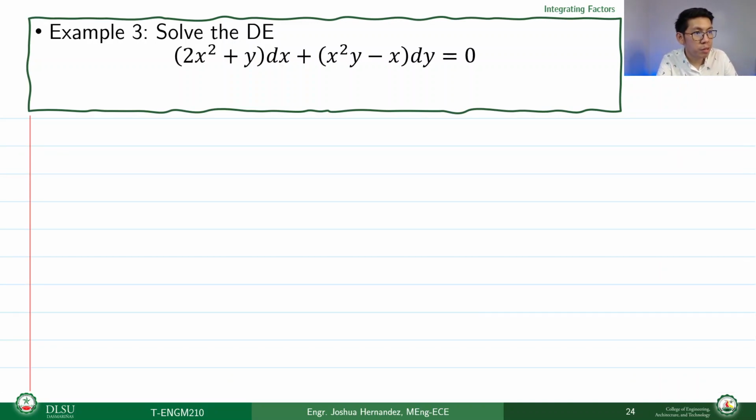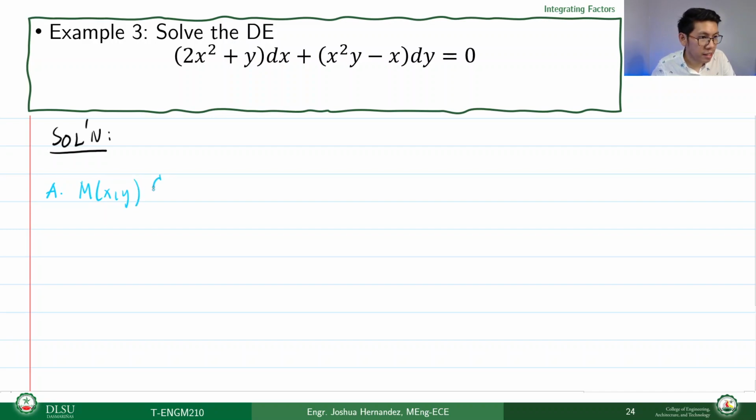So we have example number 3, (2x squared plus y) dx plus (x squared y minus x) dy equals 0. So solution. Okay. So step 1, of course, is to identify M(x,y) and N(x,y).